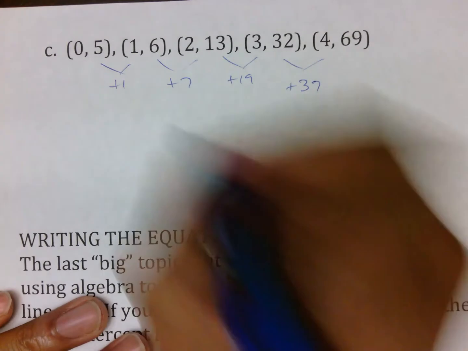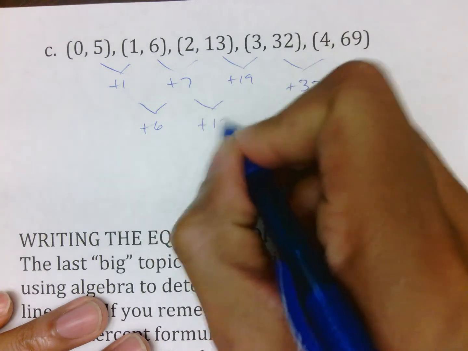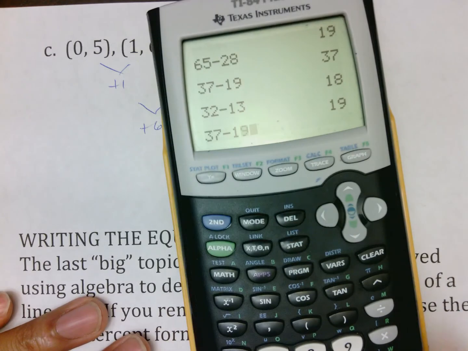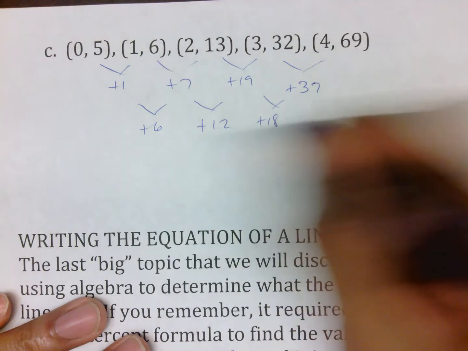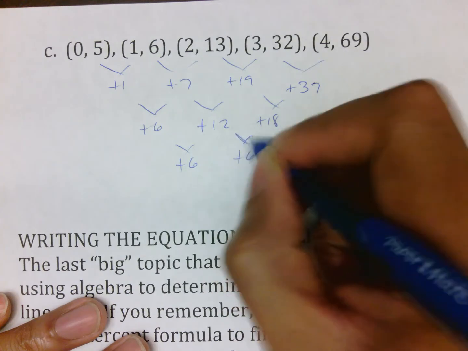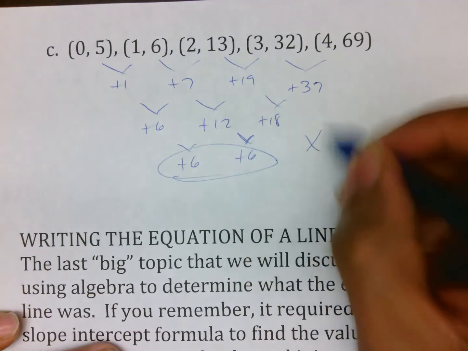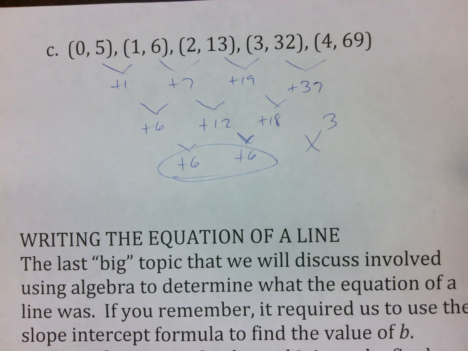And again, that's not a match, so we look at our second level, which is +6. This is +12. And again, if you don't know what 37 minus 19 is, just to check, I think we saw it earlier, which is +18. Which means our second check didn't work. Now we look at our third, that's +6, +6, which means that this would be an x to the third pattern because it took 1, 2, 3 checks to get down to what we're looking for.